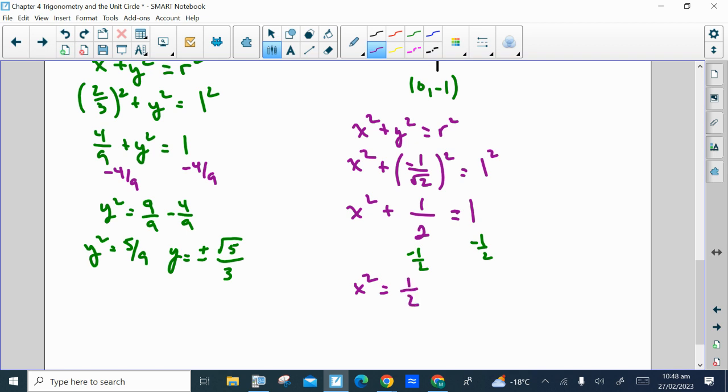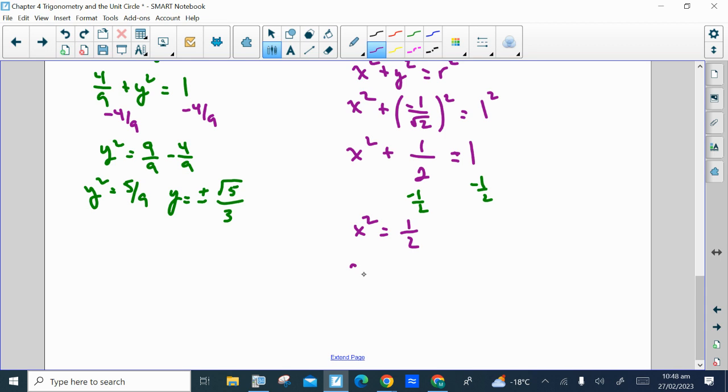You could write 1 with the denominator of 2. It would be 2 over 2. Take away 1 over 2 still gives us 1 over 2. And now when you take the square root of both sides, normally when you're solving an equation, you're going to get a positive and a negative value, positive and negative 1 over root 2.